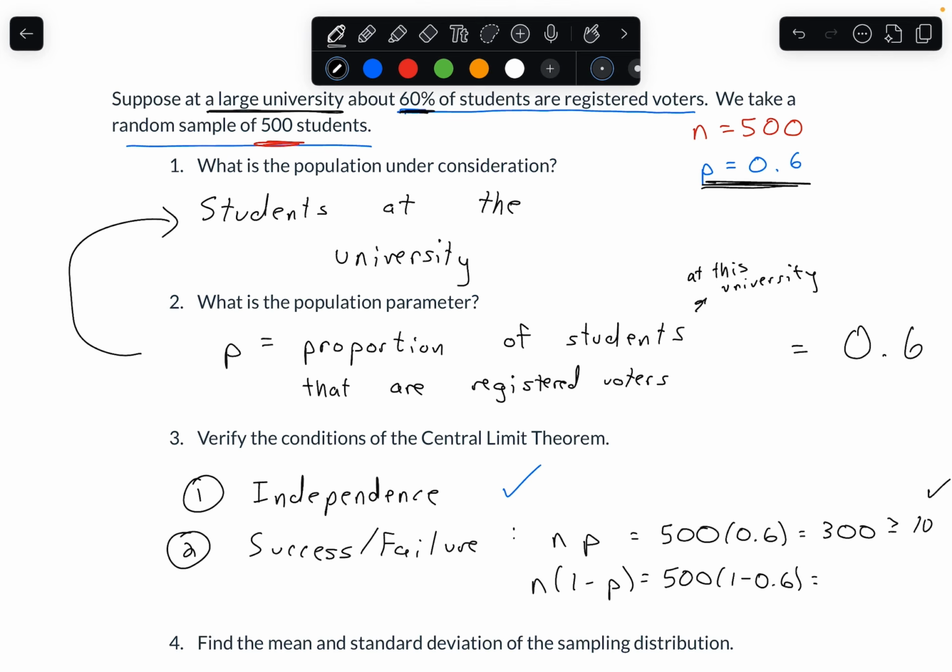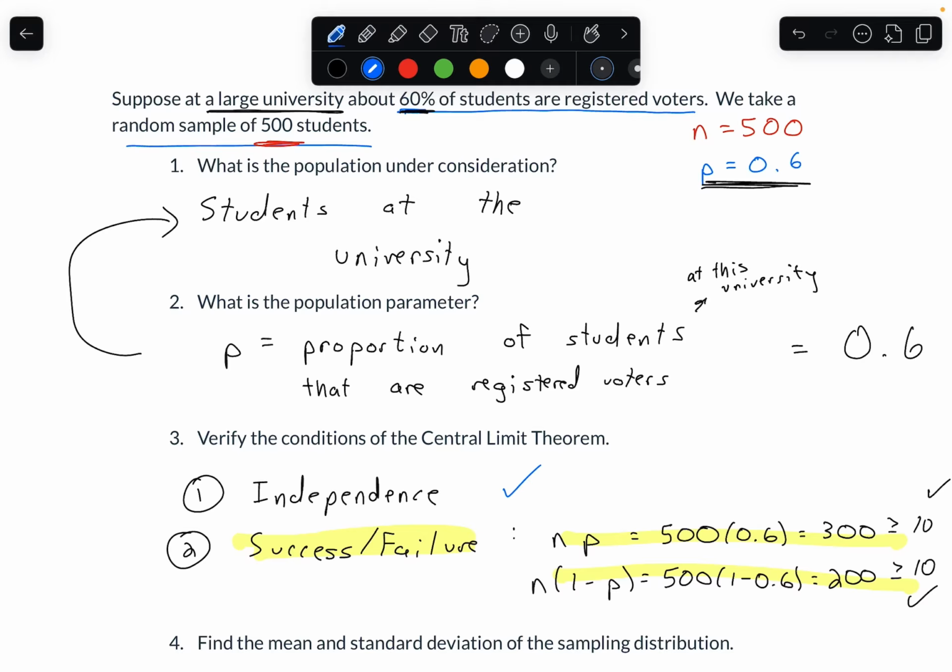Let me make sure I'm not going to make a silly mistake here, but this should be 200. Yes, it is. That is also greater than or equal to 10. So that is something that we can usually show in this case. Independence it's very, very difficult for us to show, but we can show the success-failure condition. And if I ask you to verify a condition, usually it's going to be the success-failure condition. So that's something that you're going to want to be comfortable with.